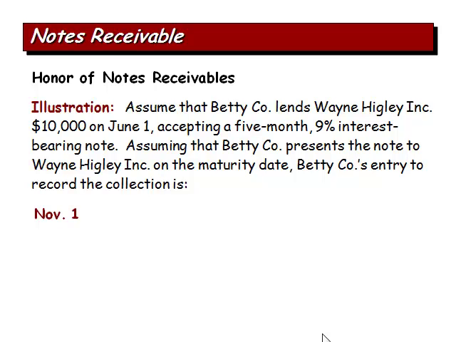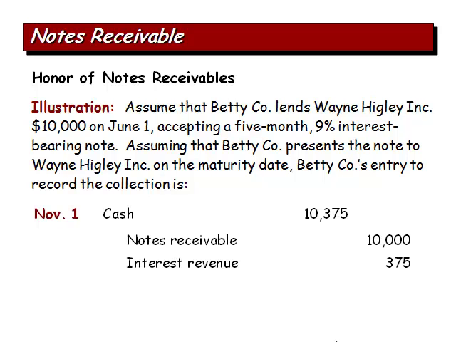Assume that Betty Company presents the note to Wayne Higley on the maturity date. Betty Company's entry to record the collection is a debit to cash $10,375, a credit to notes receivable for $10,000.